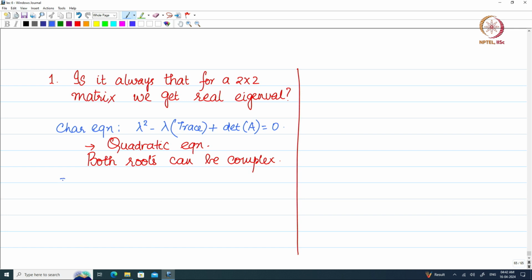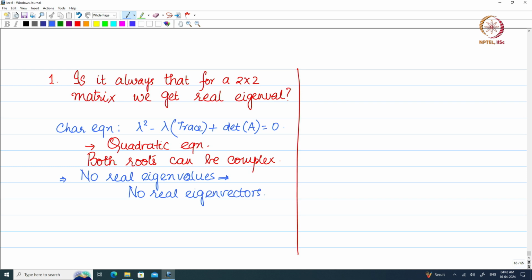So no real eigenvalues implies that the eigenvectors are also not real. So no real eigenvalues, and therefore no real eigenvectors.